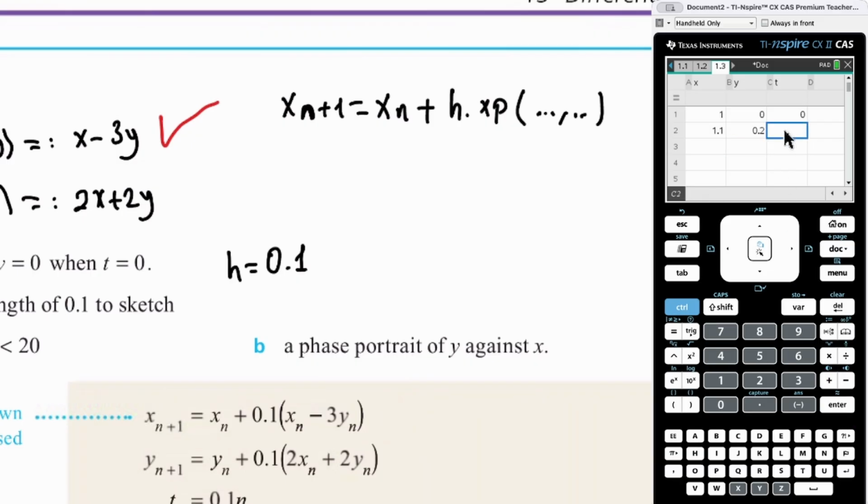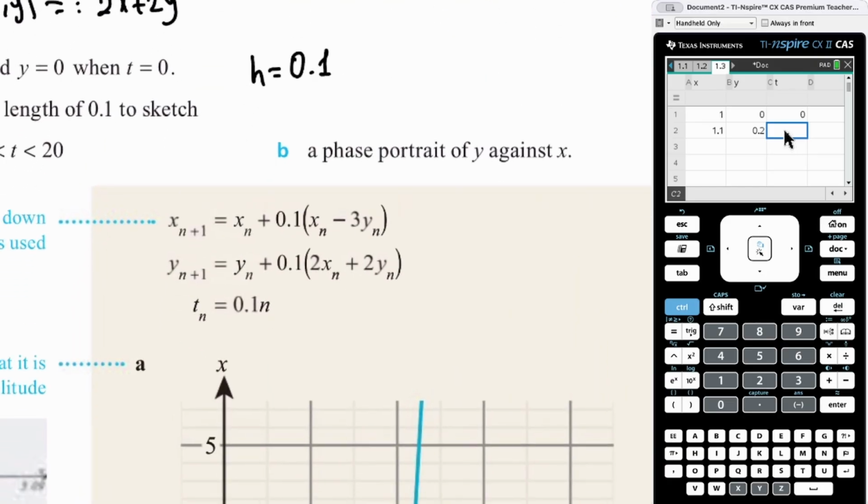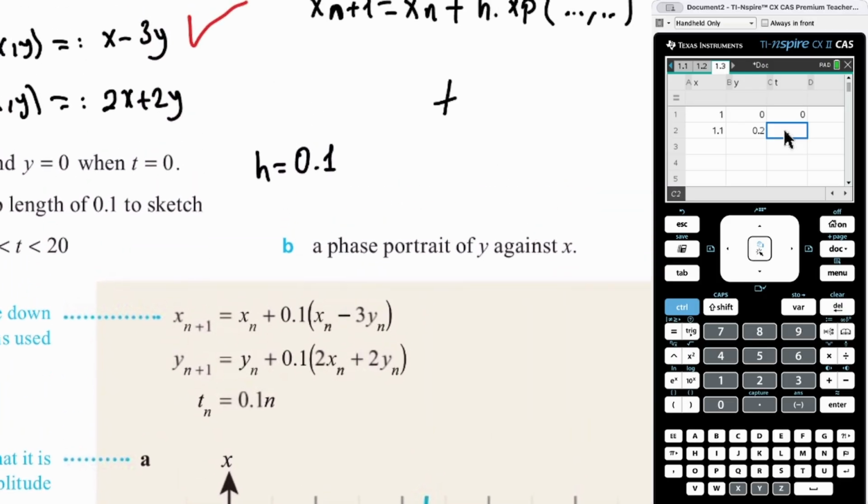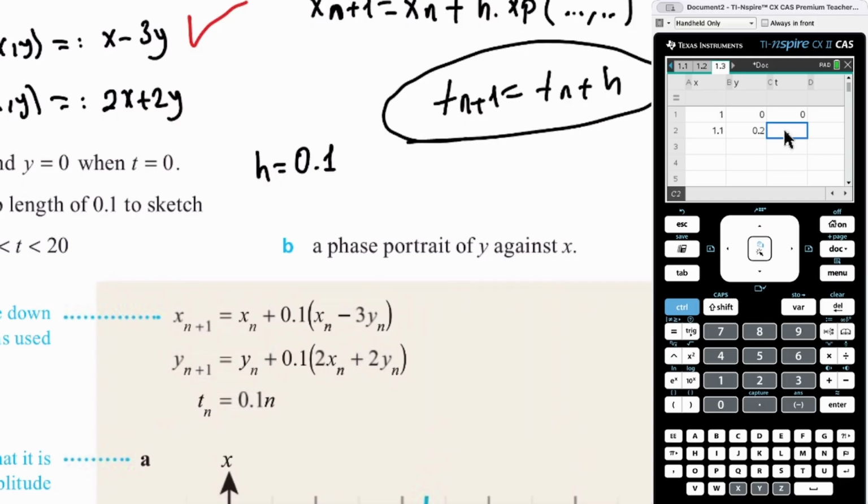Then t, remember the t is always this, remember this formula here, initial t plus h. Please check Euler's method for these formulas, or check the formula booklet, okay?